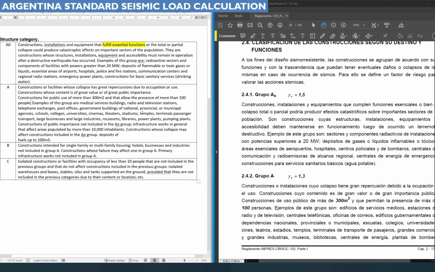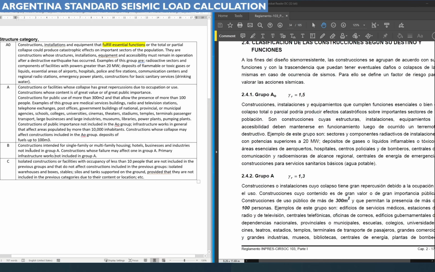Examples for this category are radio and television stations, telephone exchanges, post offices, government buildings of national, provincial or municipal agencies, schools, colleges, universities, cinemas, theaters, stadiums, temples, passenger transport terminals, large businesses and large industries, museums, libraries, power plants, pumping stations, constructions of public utilities. If it affects a population of more than 10,000 inhabitants, we need to consider this structure category as A.